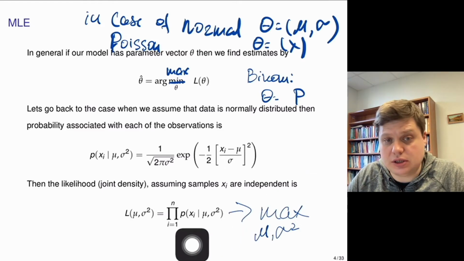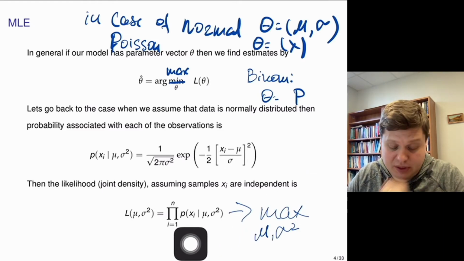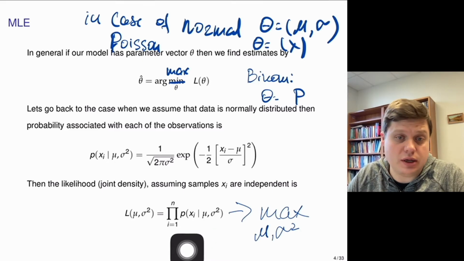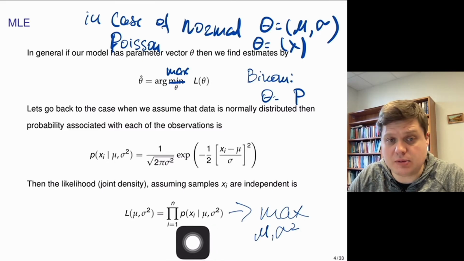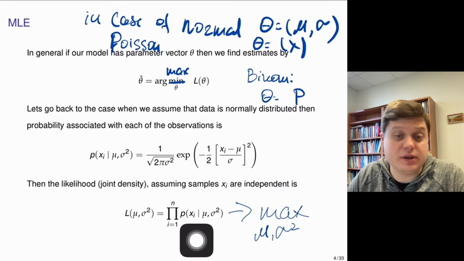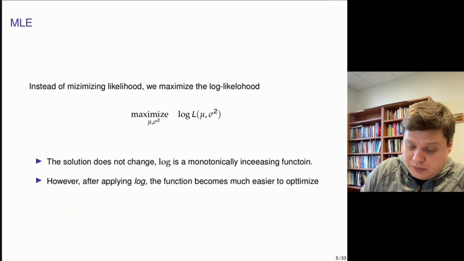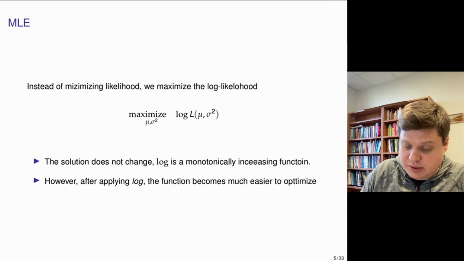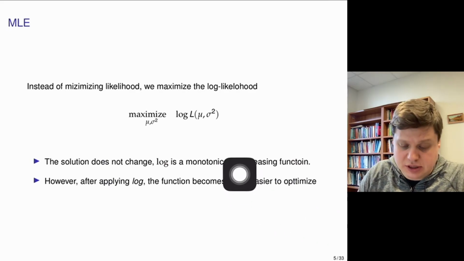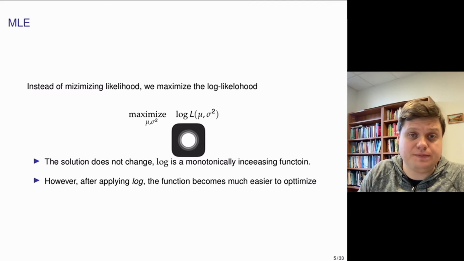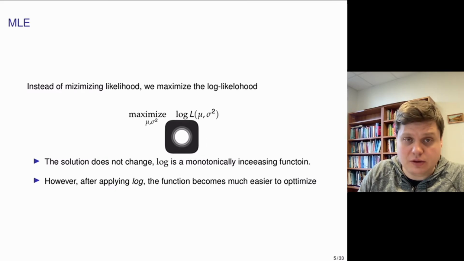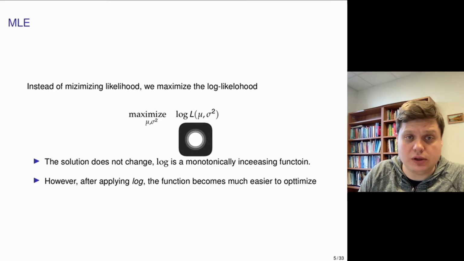However, this function is non-concave, which means that we have to deal with a nonlinear optimization problem, which is very hard to solve. Fortunately, there is a way to avoid solving this hard optimization problem by converting it to a simple optimization problem by taking the log transform. If we apply the log to this function, we're going to get the log likelihood.